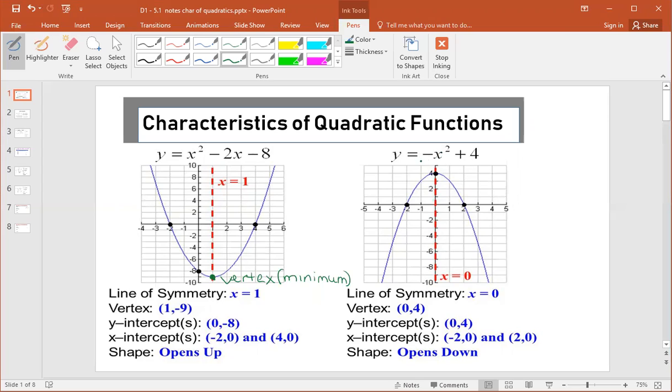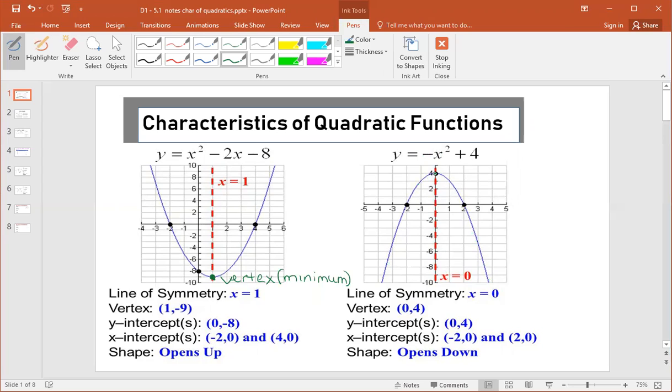If we take it and we have a negative out front, that means that it is going to reflect down. Here you can see, instead of it pointing up, everything is pointing down. This vertex point is up here on the y-axis.